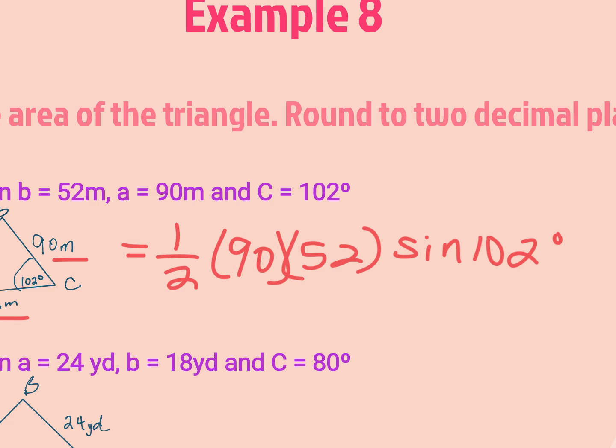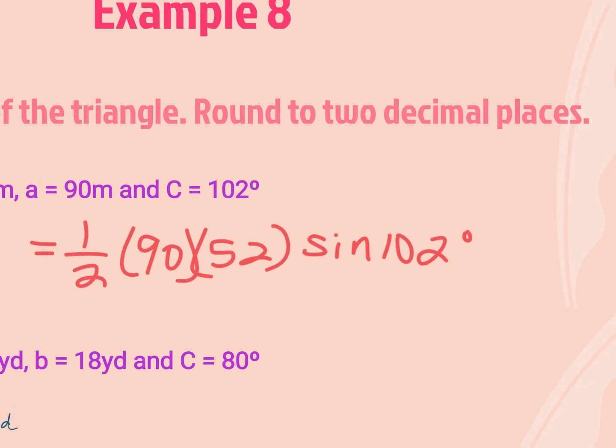So in your calculators, peeps, 1/2, or you can say divided by 2, whatever you want to do. So 90 times 52 times the sine of 102 divided by 2. What do you get? 2,288.87, round to 2 decimal places.